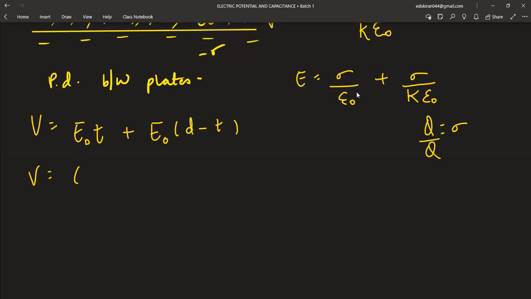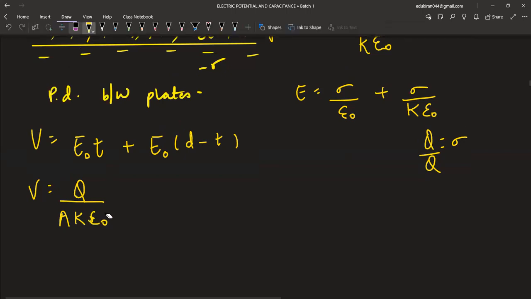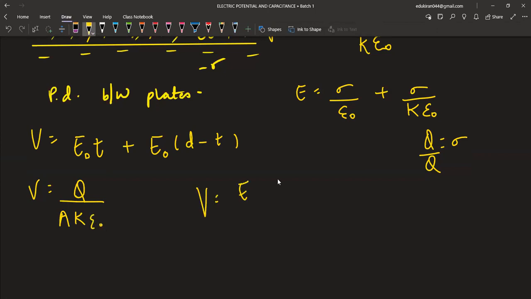So what is electric field? Sigma by K epsilon naught. Sigma is Q by A. So Q by K times epsilon. Clear, class? I'll tell you this again. See, potential is electric field into the thickness. Electric field we are calculating.